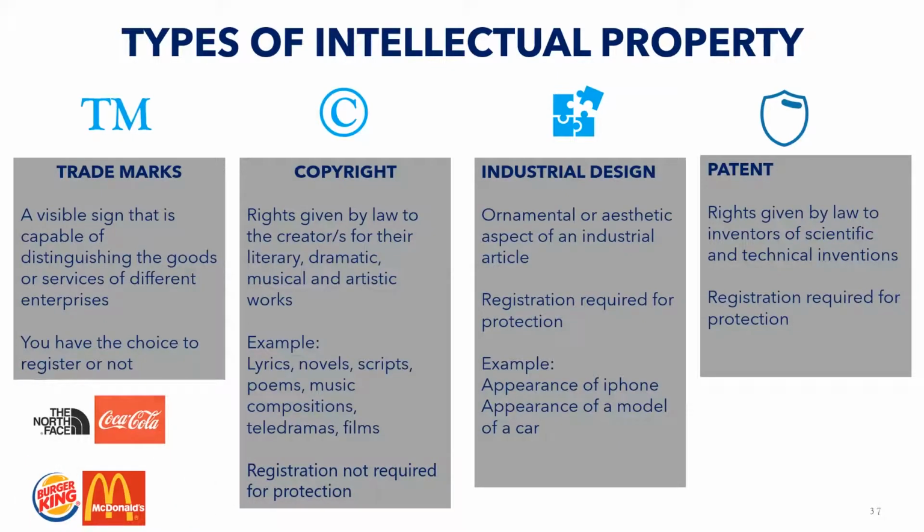I think you have all heard of the word trademark, but you may not have heard of the word service mark. A trademark is given to a trade. A service mark is given to a service that is being operated, right? So it's really any kind of sign. It can be numbers, words, things like that.